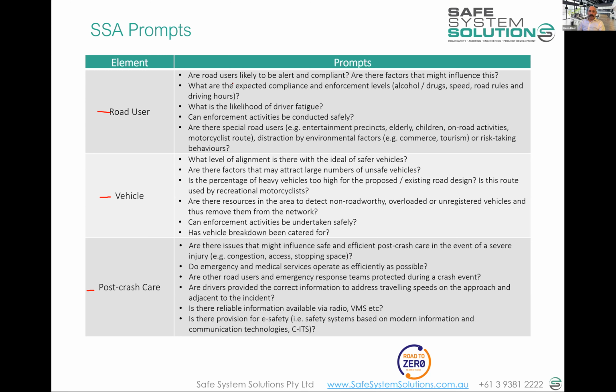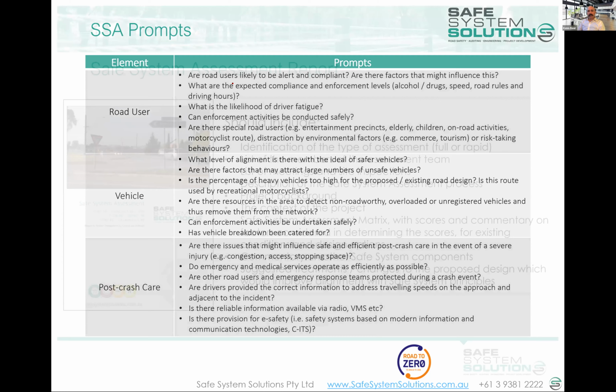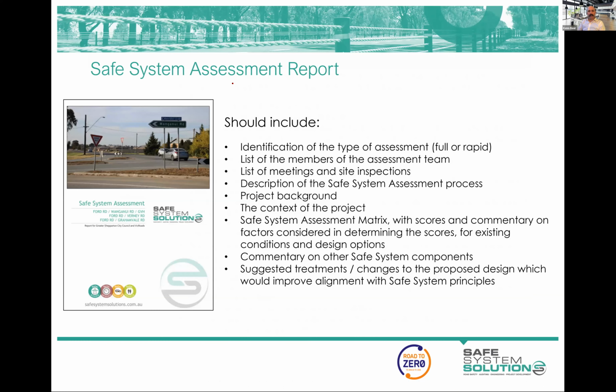Okay, well, we're doing well here, and it's getting us to the point where we can start explaining what people are going to need to do. But I will start by showing that a safe system assessment report is more than just the matrix and a list of ideas. There's a fairly standard way of doing it. We've given you an example of a safe system assessment in your pack.